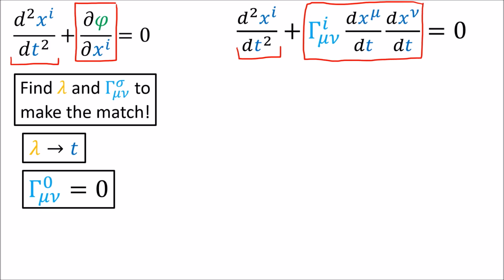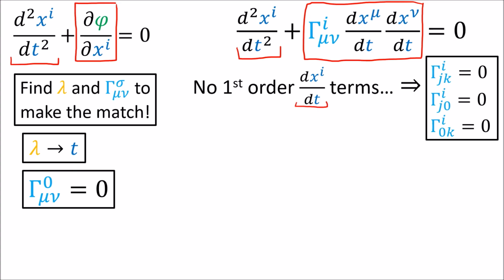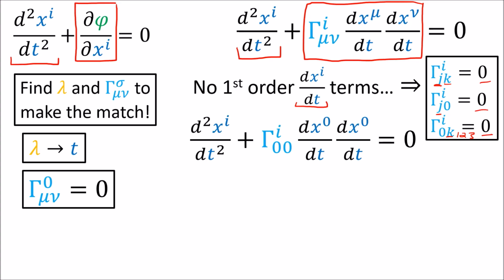The original equation has no velocity terms, no first-order time derivative terms for the spatial components. This means that the connection coefficients with spatial lower indices 1, 2, 3 must all go to 0. So we're left with only the connection coefficients that have 0, or time, in the lower indices.